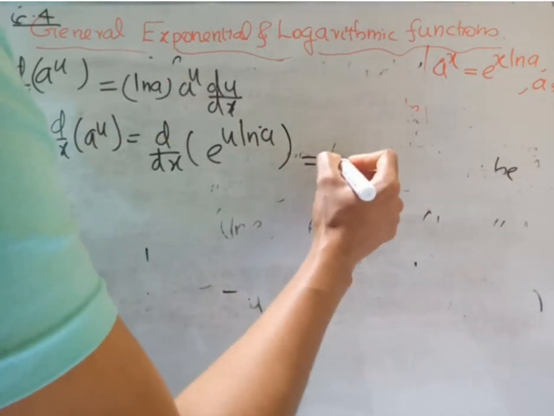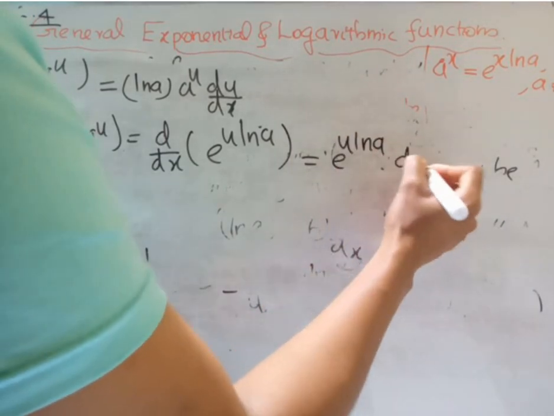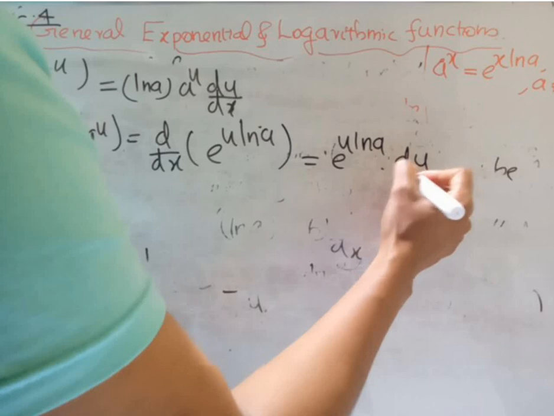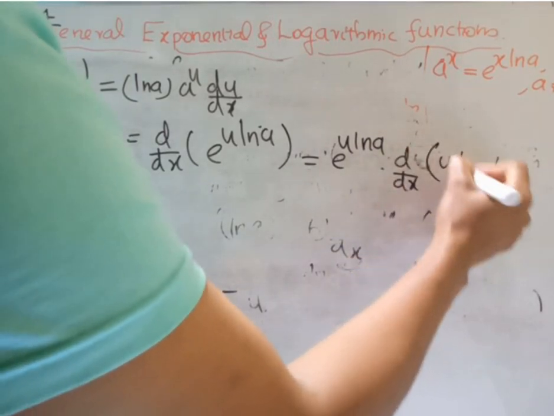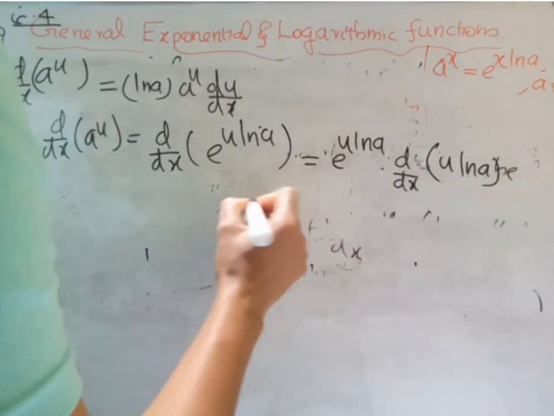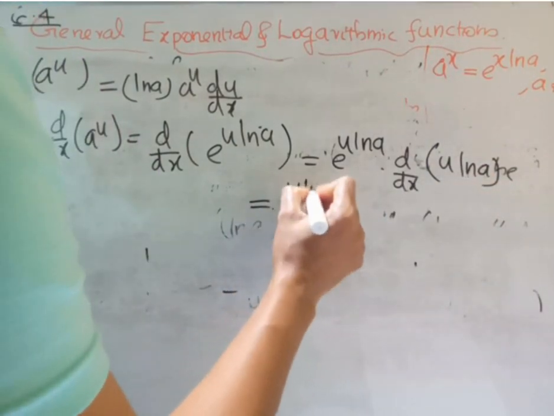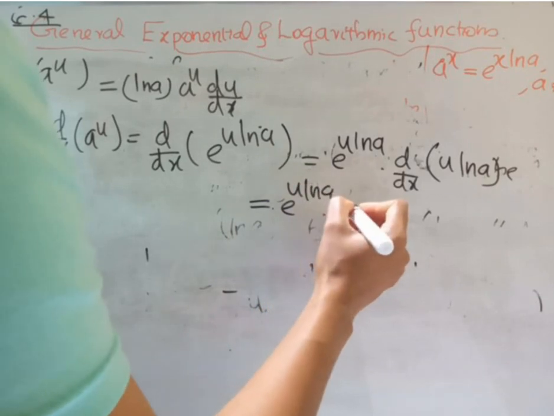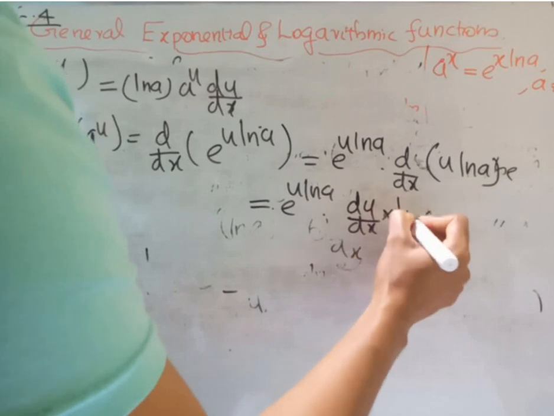So this is e raised to u log a times the derivative d by dx of u log a, which is du by dx times log a.